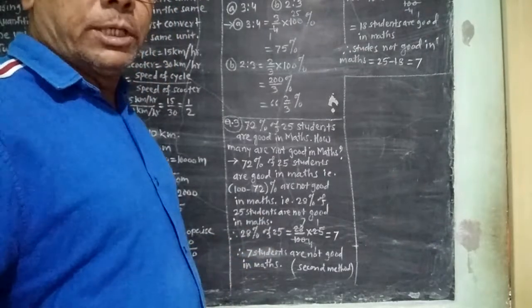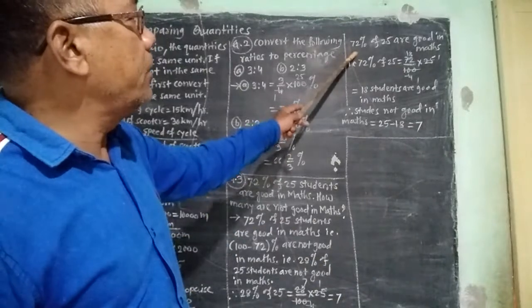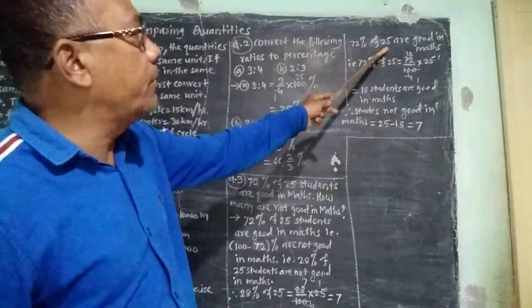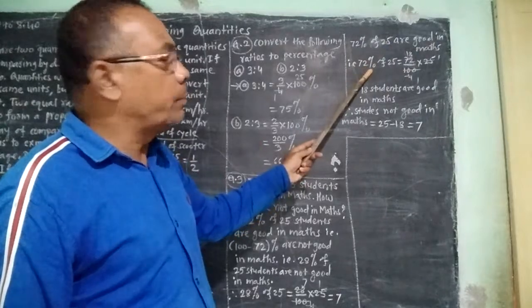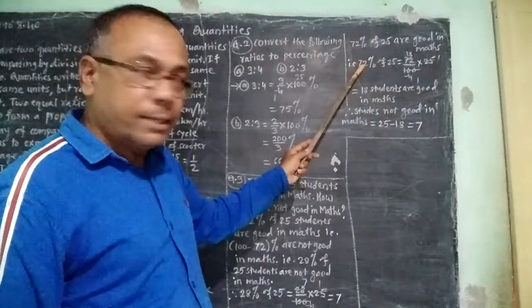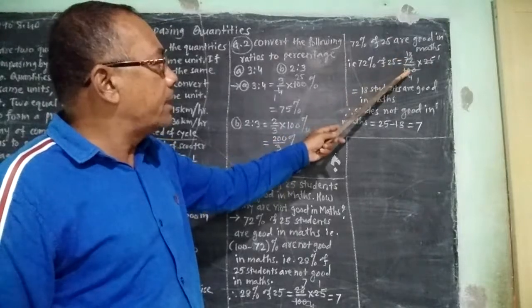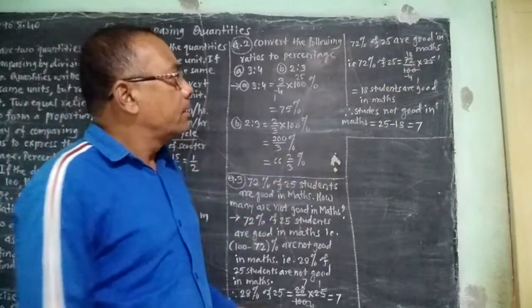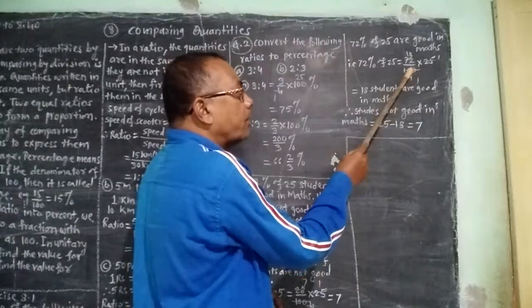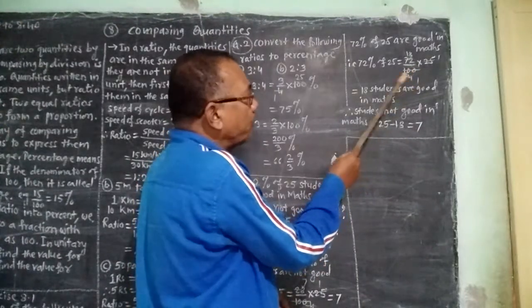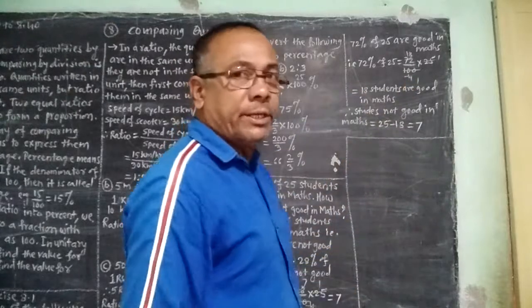Now we have to see the second method. Here 72% of 25 are good in maths, that is 72% means 72 upon 100, of means multiplication, so 72 upon 100 into 25. After reduction we will get 25 ones are 25, 25 fours are 100, then 4 ones are 4, and 18 fours are 72.